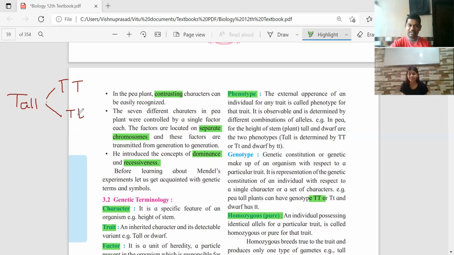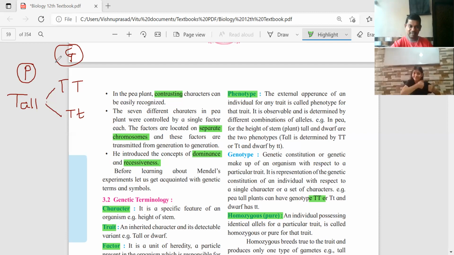Both the conditions can give tallness. So that is inside the cell, उसके genes में, उसके alleles में. So this is your genotype. And this is the phenotype. Now have you understood the difference?